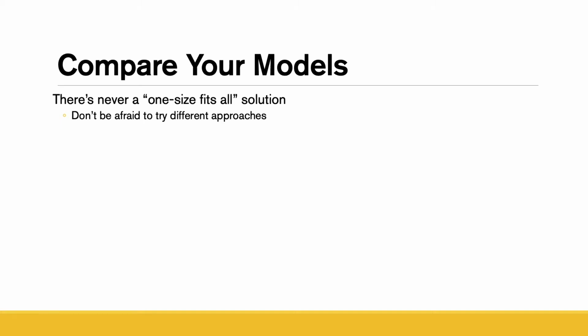In fact, it's very common practice in data science to take one data set and try multiple models and compare them. So, what is the performance of trying a neural network versus a support vector machine?